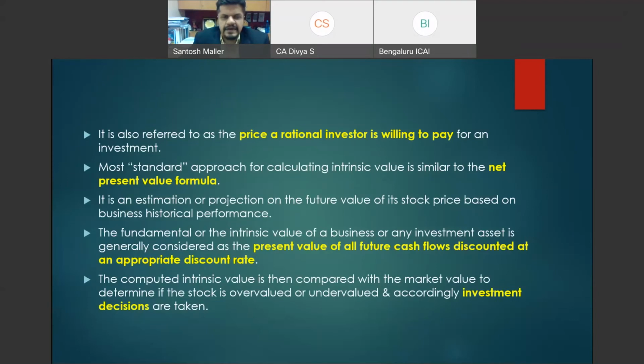So one method is basically the dividend discount method, the DDM, where basically you discount the dividend cash flows, and that forms the basis of the valuation of the shares. Although again, there are certain loopholes in that method also, because dividend in turn depends on underlying cash flows, and dividend policies may vary from company to company.